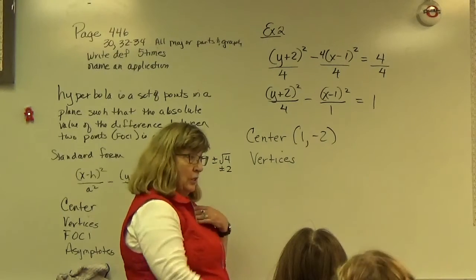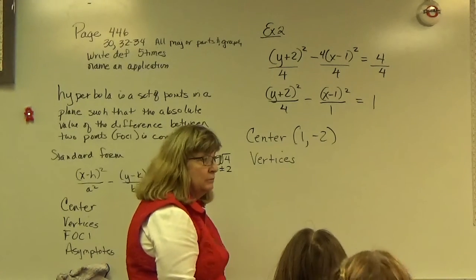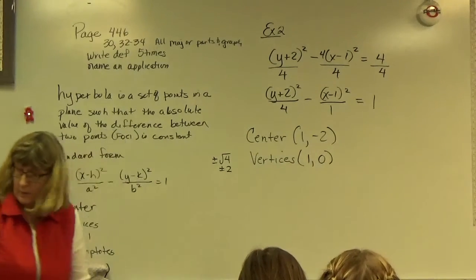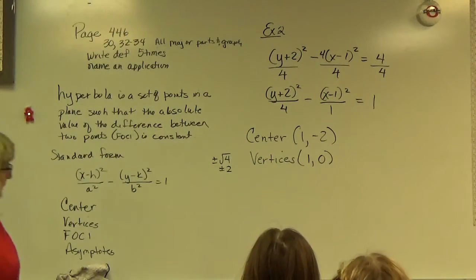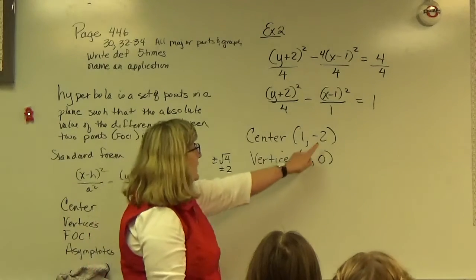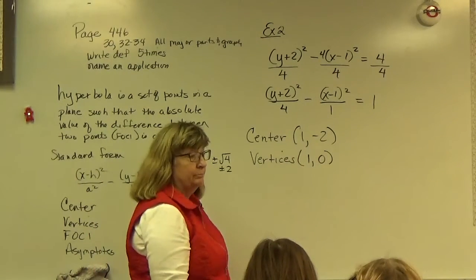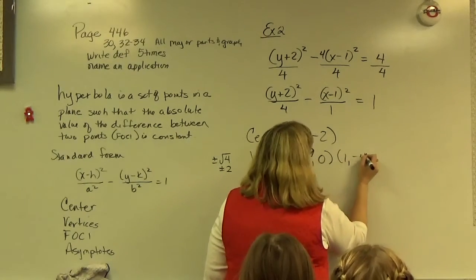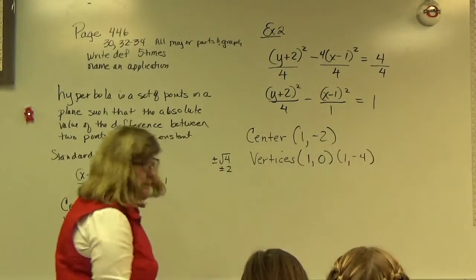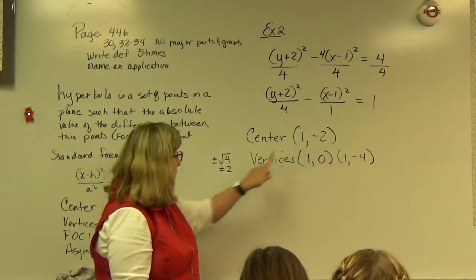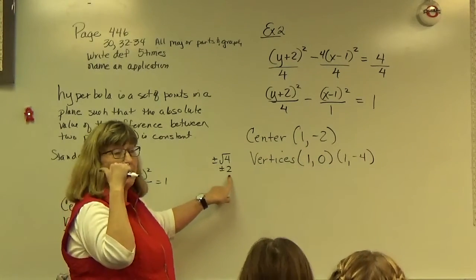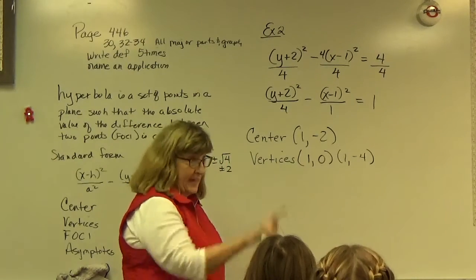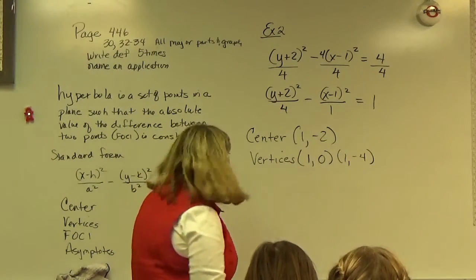So what's a negative 2 plus 2? 0. So he's got the first one. Let's see, Nicholas. What would be a negative 2 minus 2? It would be negative 4. That would be correct. We always change the value that we're using. You always take that center value and you change it by that amount. Add it, subtract it. Since the y is listed first, we use the y value. That's the key thing.